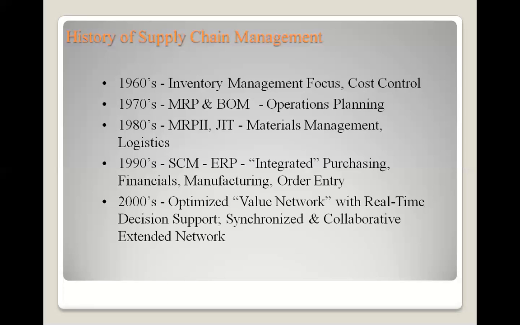In 1990, SCM, ERP, enterprise resource planning, integrated purchasing, financial, manufacturing, etc. were introduced in the world. And from 2000 onward, optimizing the value network with real-time decision support, a synchronized and collaborative extended network was introduced.